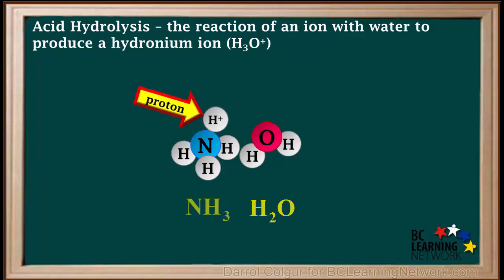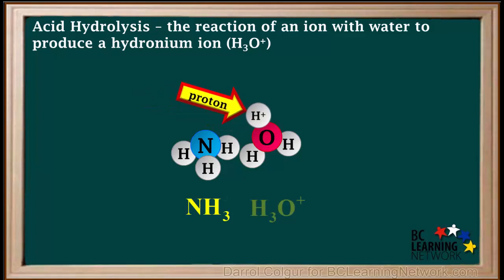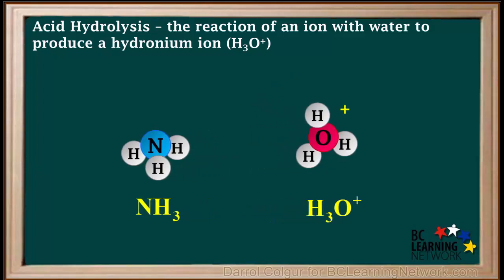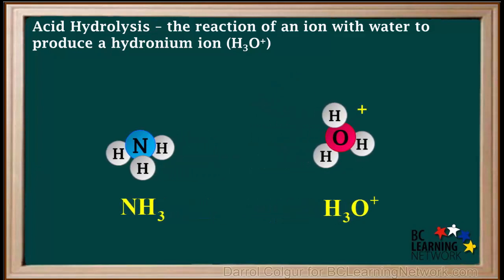The proton is now transferred to the water molecule, forming an ammonia molecule and a hydronium ion. The positive charge on the proton we consider as the overall charge on the hydronium ion. These two now move apart from each other.